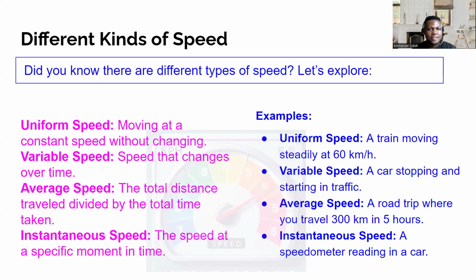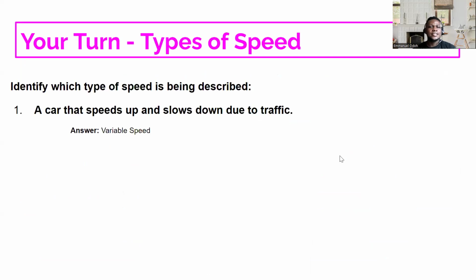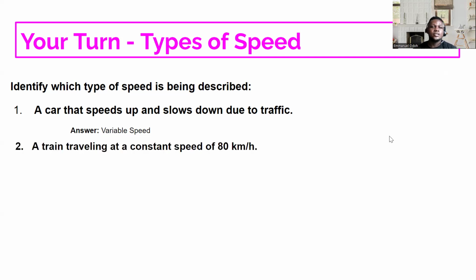This is very cool. Now let's answer these. It's your turn to answer this. I've done the first one. For a car that speeds up and slows down due to traffic, we have a variable speed. So a train traveling at a constant speed of 80 kilometers per hour, what type of speed is that? What's your answer? I know you got it.